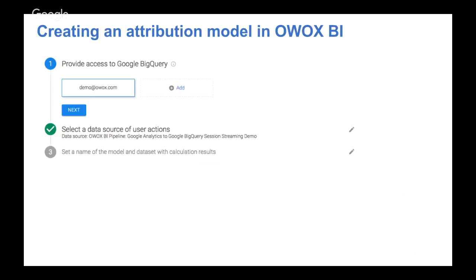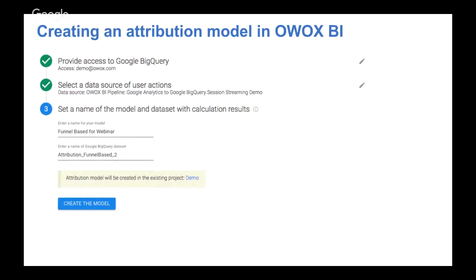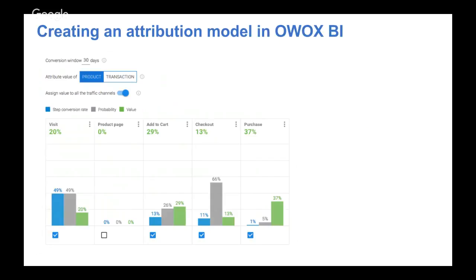Once you have provided access to Google BigQuery and the application knows where to send the calculation results, you select the project ID, you select the dataset, and then you provide a name for your attribution model, and you say where to take the data and where to write the data.